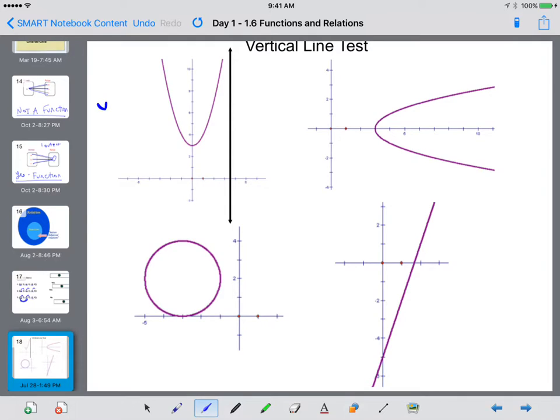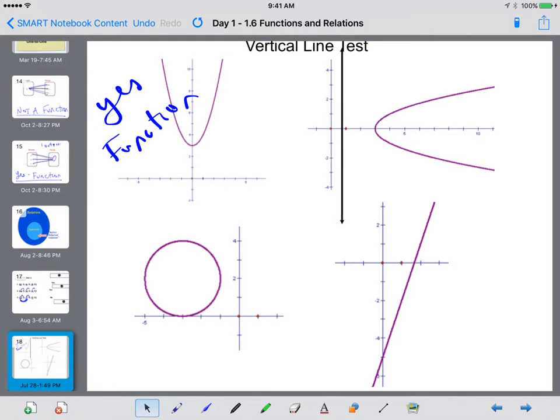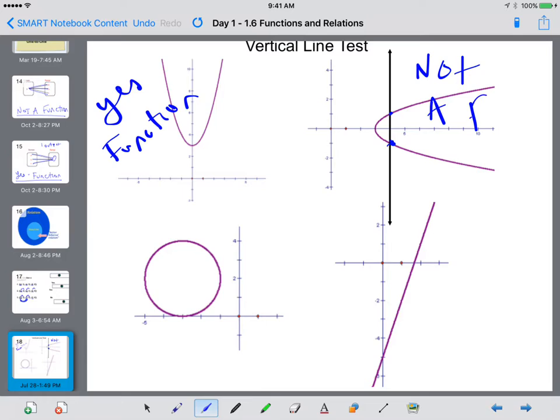So this first graph is yes, it's a function. We move our vertical line over here. I move it right here. Oh, I see 2 instances. It crosses this graph right here, 1, and right here, 2. Therefore, not a function.